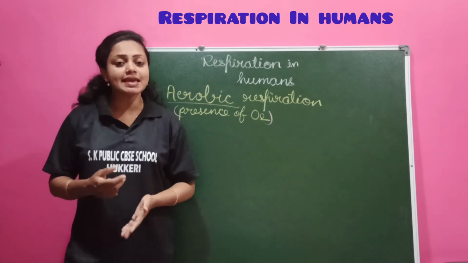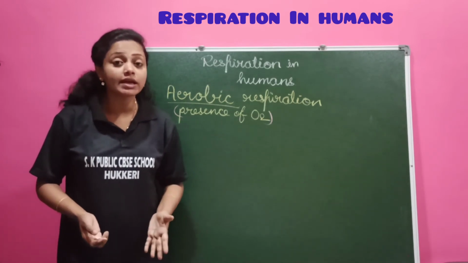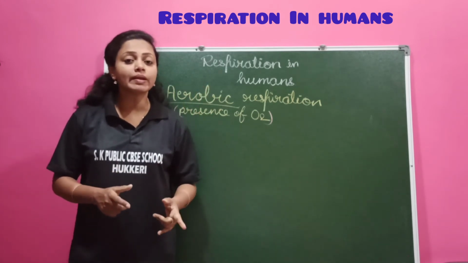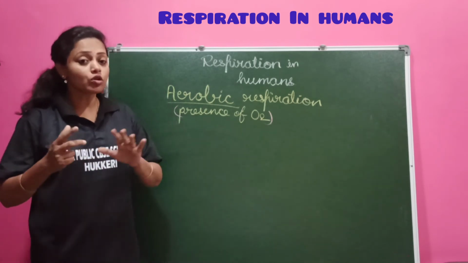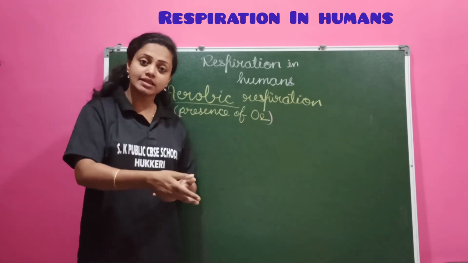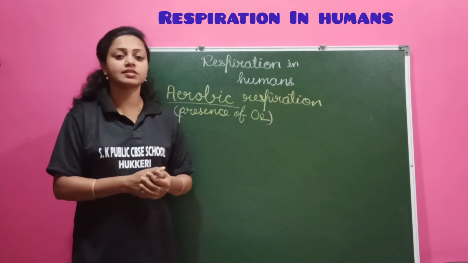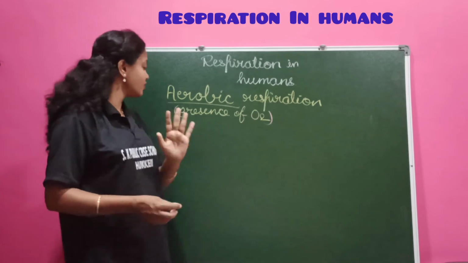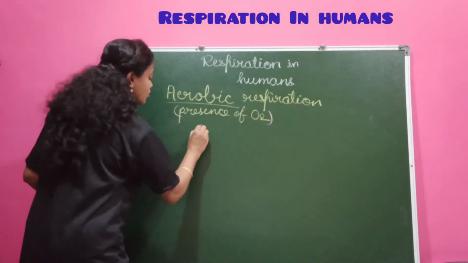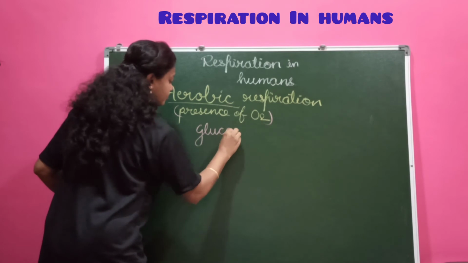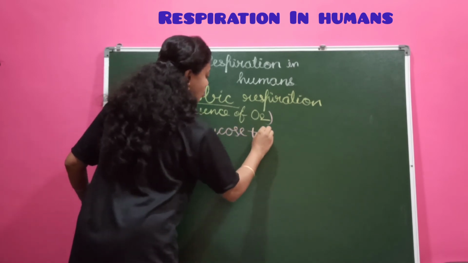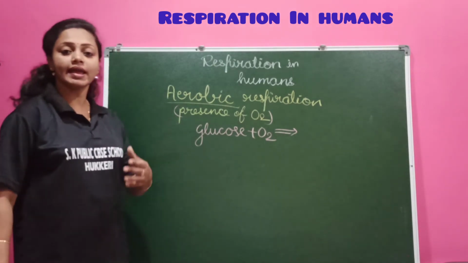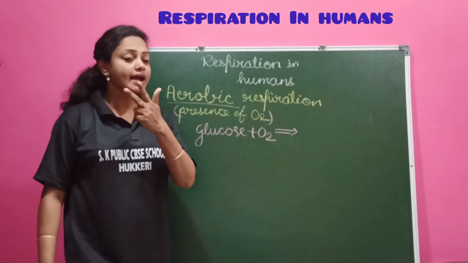Aerobic respiration is the process in which the food, that is glucose, is converted into energy in the presence of oxygen. The general equation of aerobic respiration as a whole is glucose plus oxygen gives rise to carbon dioxide, water and energy.